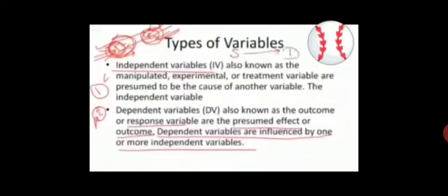Say for example, we take an example of demand and supply. If supply is the dependent variable and demand is the independent variable, and if the independent variable demand increases, the supply would also increase because it is the dependent variable.